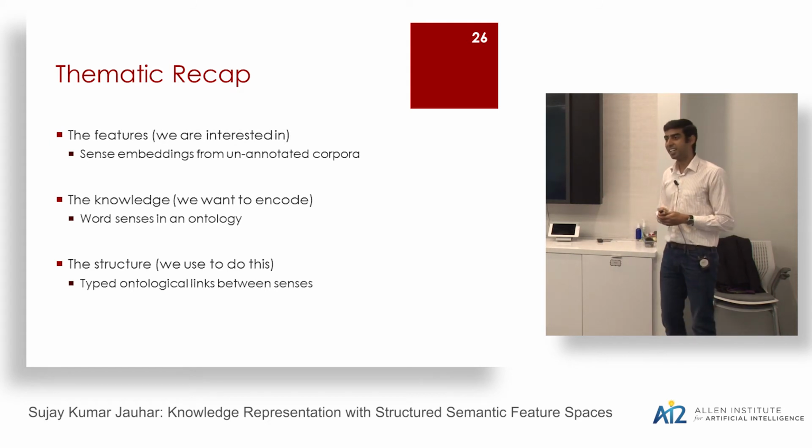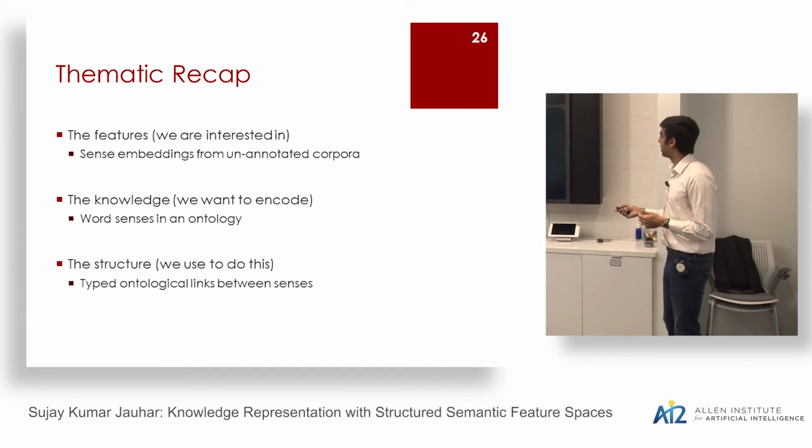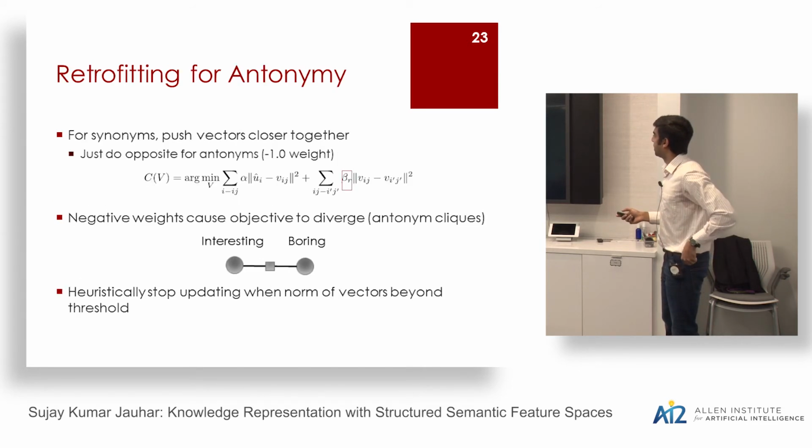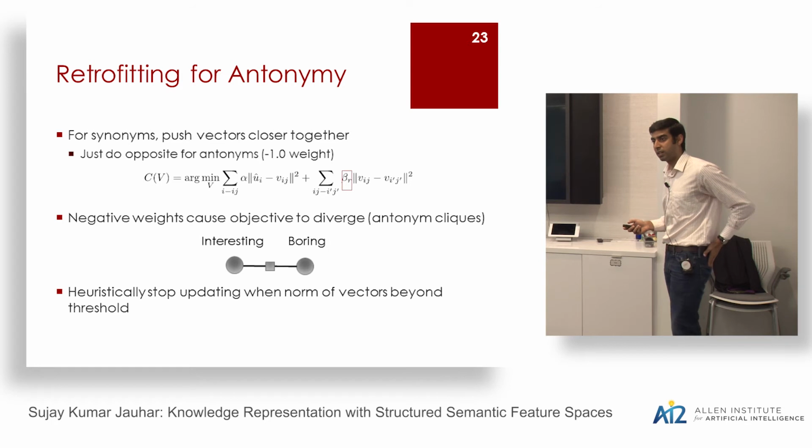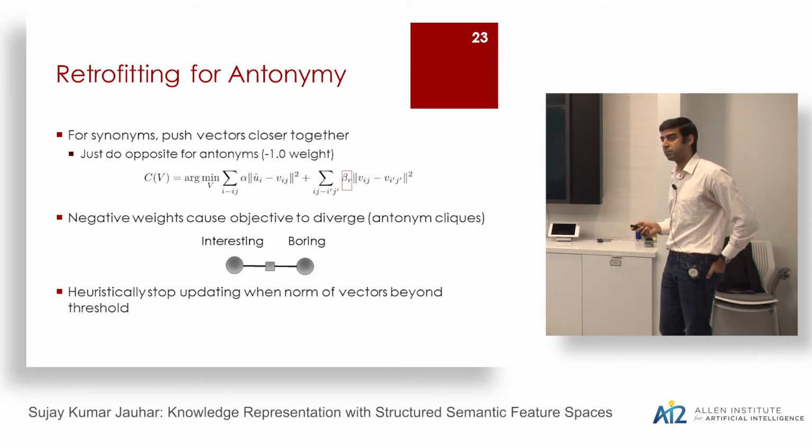Yes, Ashish? If you go 3 slides back where you have that equation with alpha and beta, just one detailed question. Yeah, sure. And not just for antonymy, also for the other one. So beta, I assume, is some constant related to the relation. Exactly, that's relating these two words. The balance between alpha and beta depend on the number of senses, like 20 senses versus just like 2 senses of the word? Absolutely. We didn't optimize this, but that's a fantastic idea.